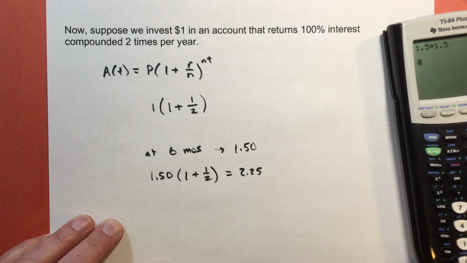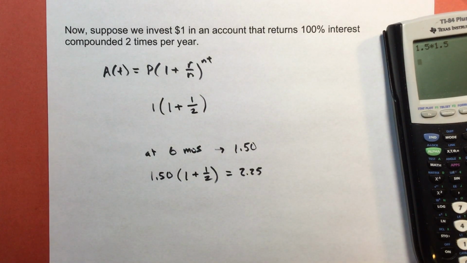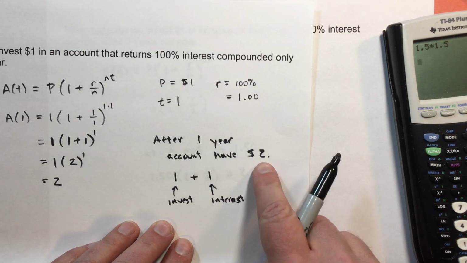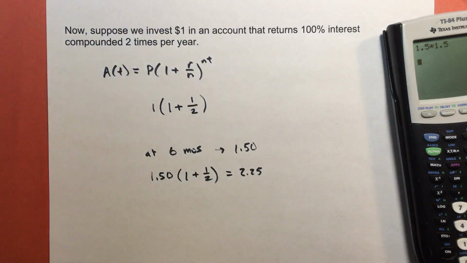And I start thinking, wait a second. Last time, when I took the money out after a year, I only got $2. What's the only thing that I did different? Halfway through the year, I took the money out for a second, looked at it, and said, put it back.